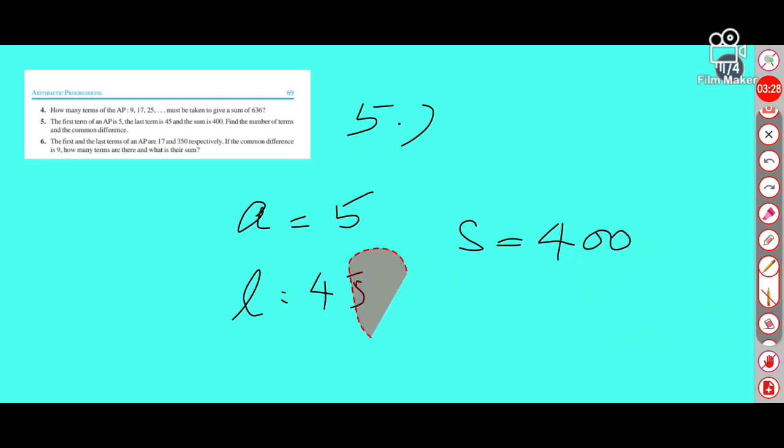So find the number of terms and the common difference. Find the value of n and the common difference d.